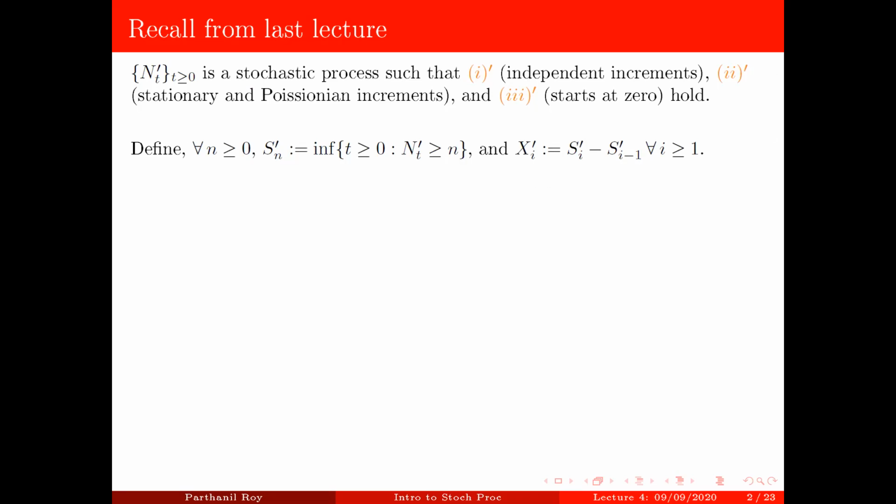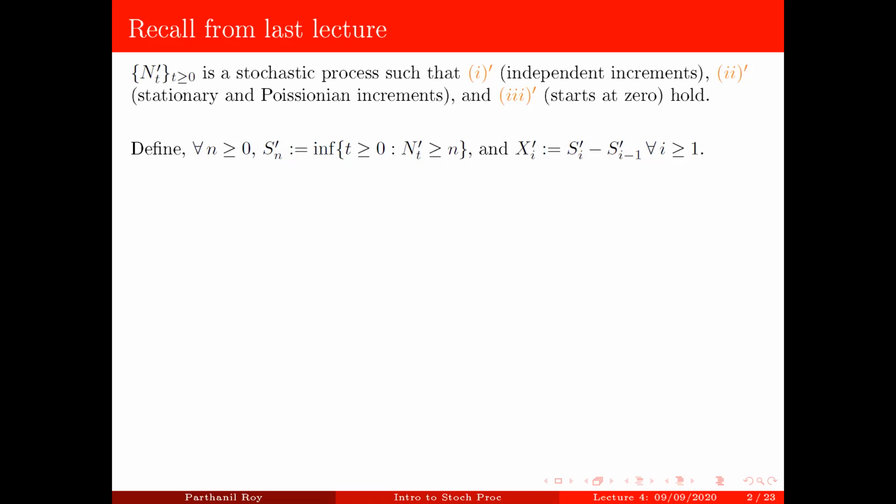Now we define for every non-negative integer n, Sn dash to be the first time t when the process N dash t touches or exceeds n. This will be our arrival time, so to speak.